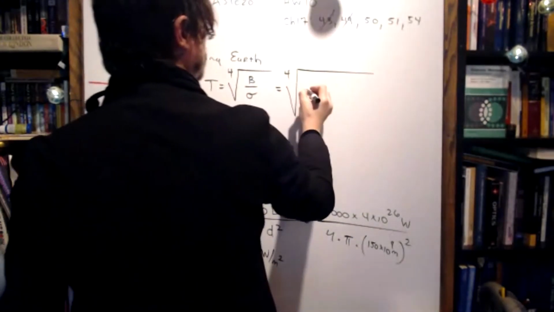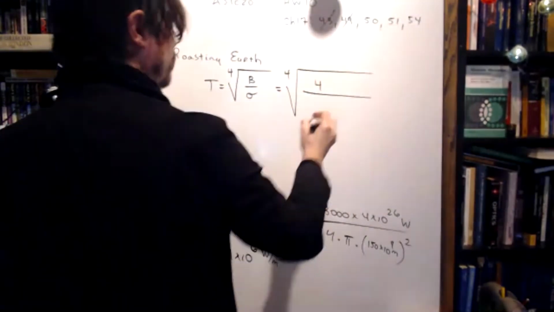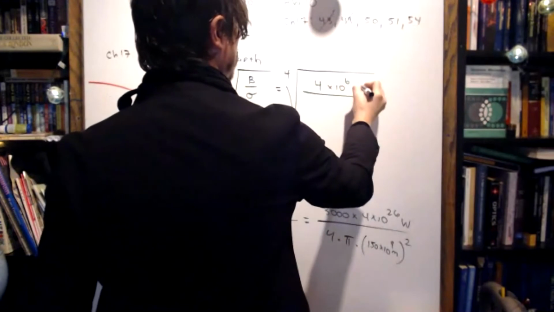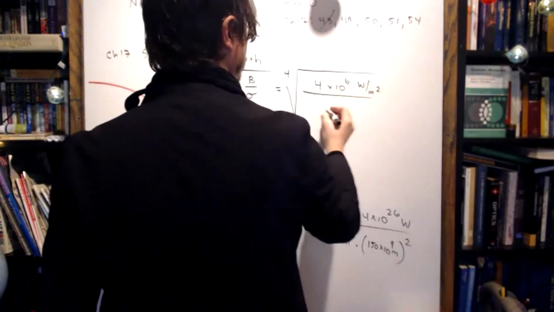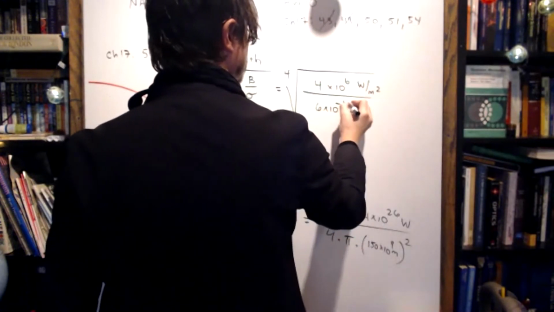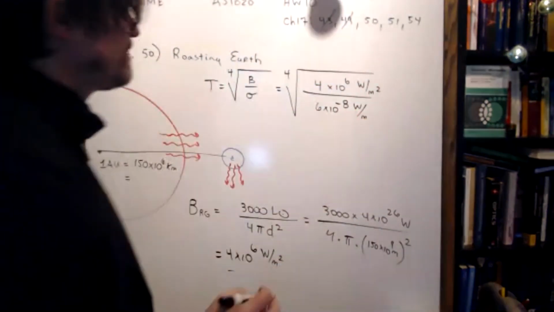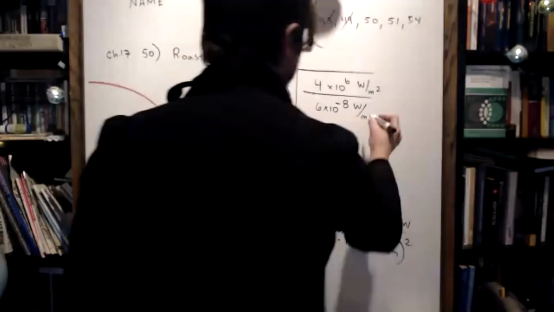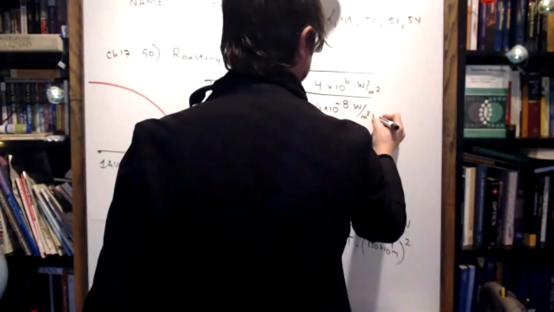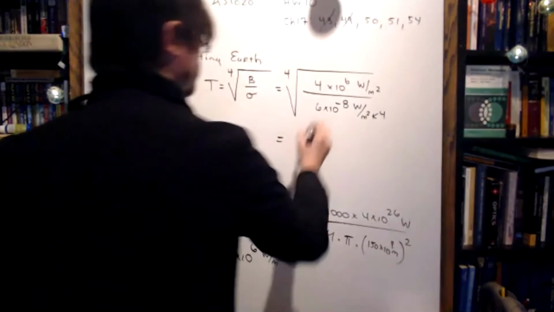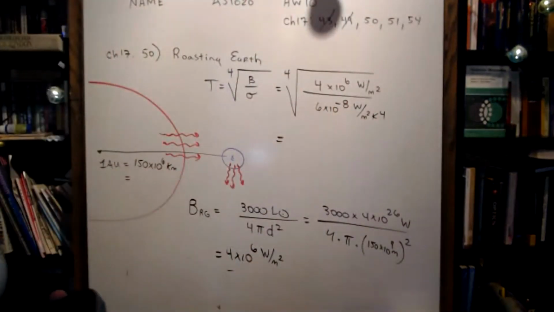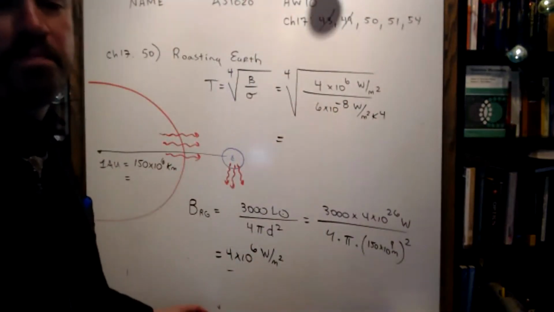The brightness is roughly 4 million watts per meter squared. The Stefan-Boltzmann constant is 6 times 10 to the minus 8 watts per meter squared per Kelvin to the fourth. You all know how to do that fourth root thing, right? Go ahead and punch them up.